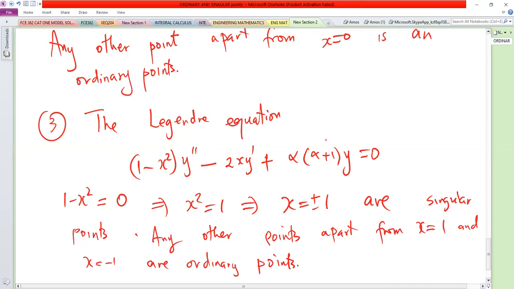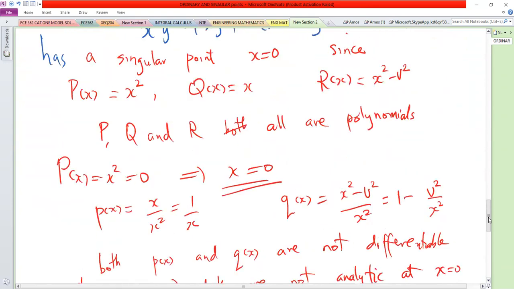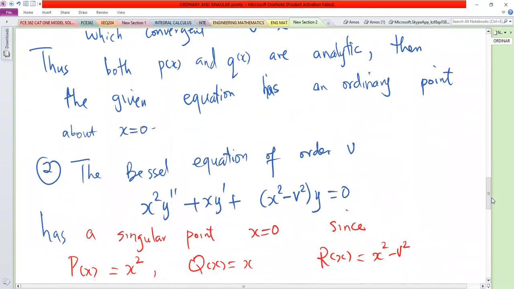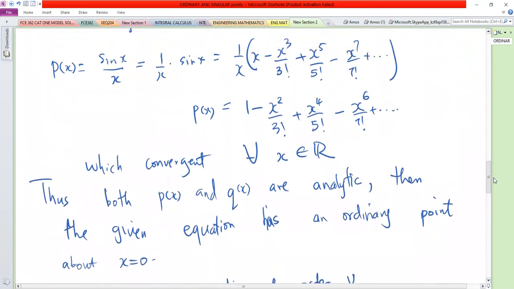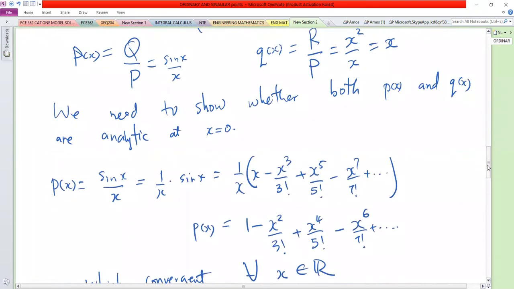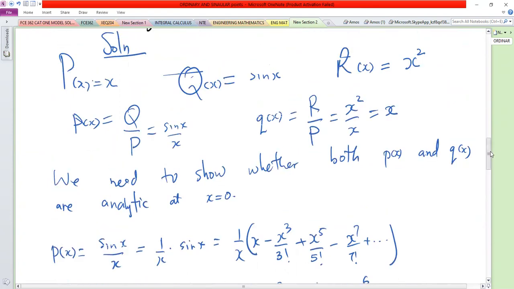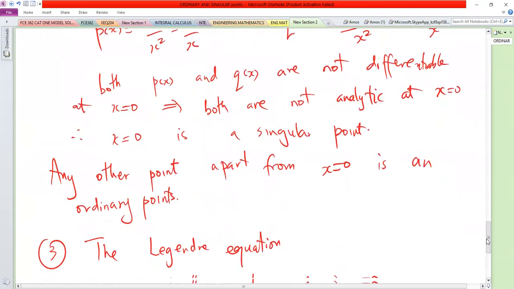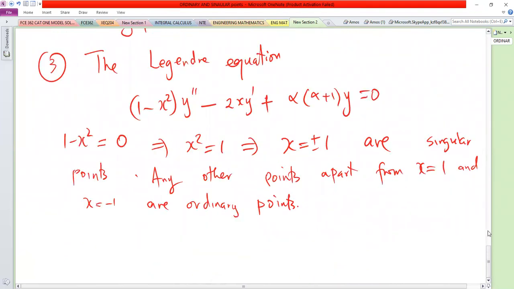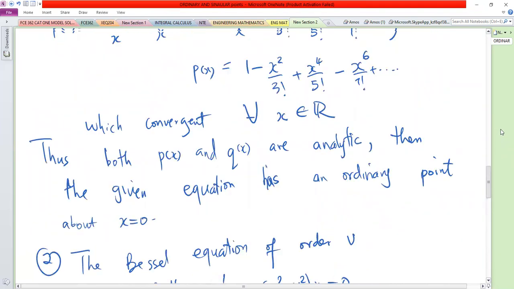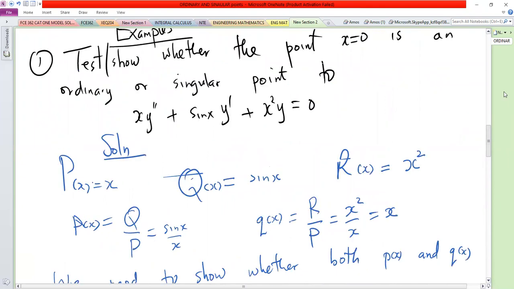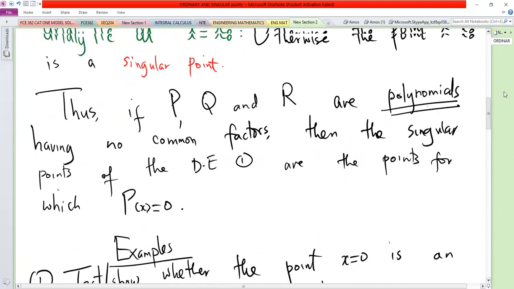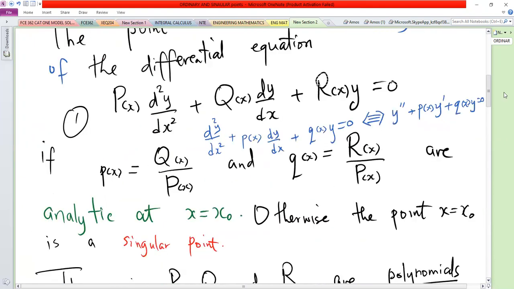If they are not polynomials, then you actually have to find the small p of x and small q of x and manipulate them the way we did in question 1 to know whether those points are singular points or ordinary points. So we only equate capital P of x to 0 in that case. Don't forget that, because if you forget it, you might get some wrong answers to some questions.